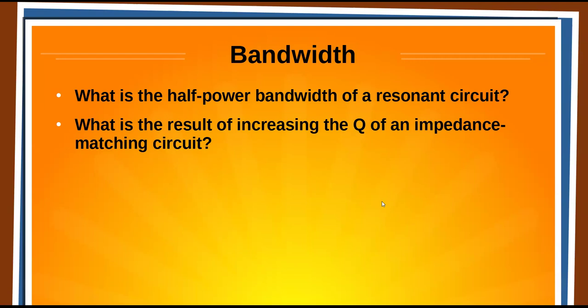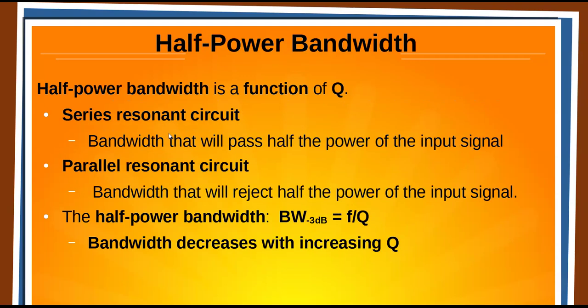So bandwidth, when we talk about the half power bandwidth of a resonant circuit, we just did the increasing Q of impedance matching. So the half power bandwidth is a function of Q. In a series circuit, it's the bandwidth that will pass half the power of the input signal.